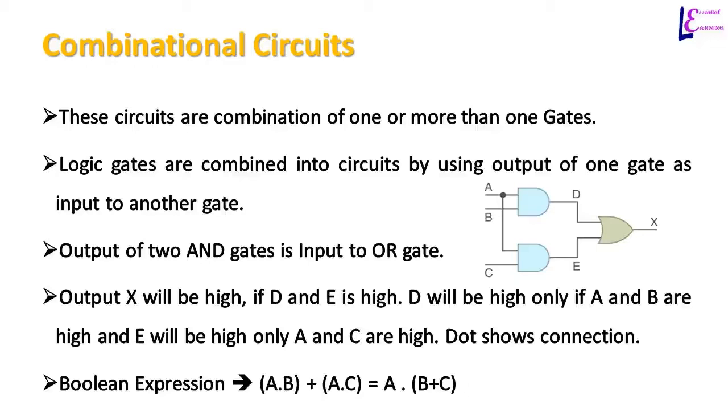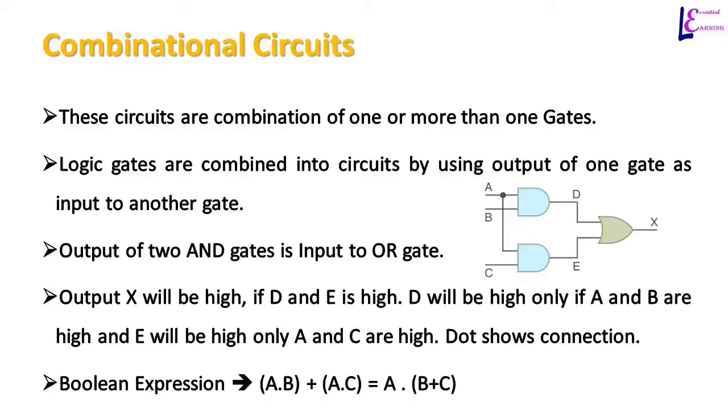Circuit shown here has two AND gates with input A and B and input A and C. Their outputs D and E are input to an OR gate, which produces output X. Output X will be 1 if D and E are 1. D will be 1 if A and B are 1, and E will be 1 if A and C are 1.